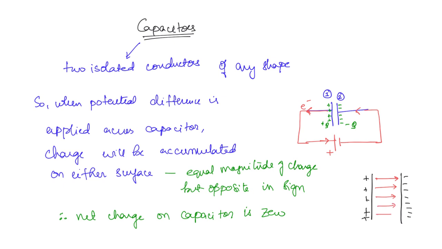But you have to note one thing: the electric field will be inside the capacitor, but inside the plate, inside the conductor, there is not going to be any electric field. Only in between the plates there is going to be an electric field.